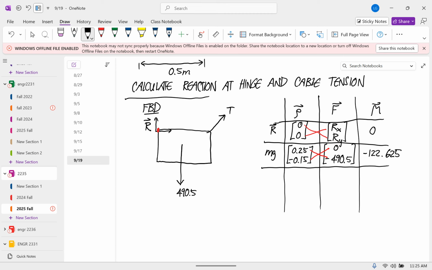And then the last force is the cable tension. The row vector is 0.50.